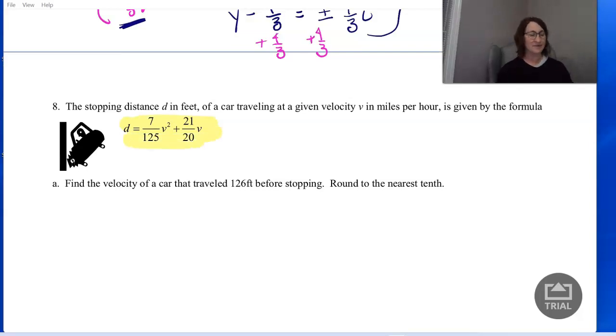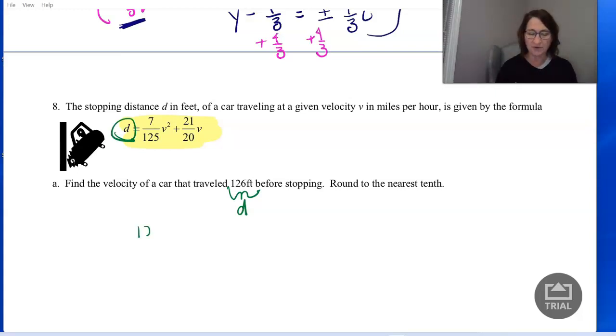We want to find the velocity of a car that traveled 160 feet before stopping. So this right here is our D. All right, so we're going to substitute that into our formula.